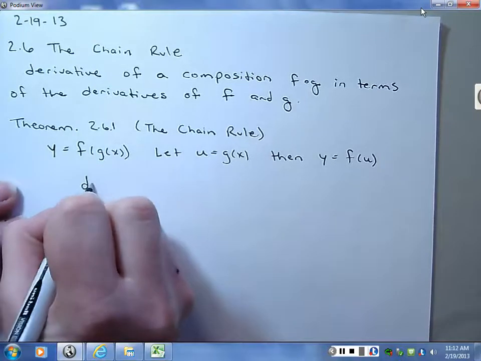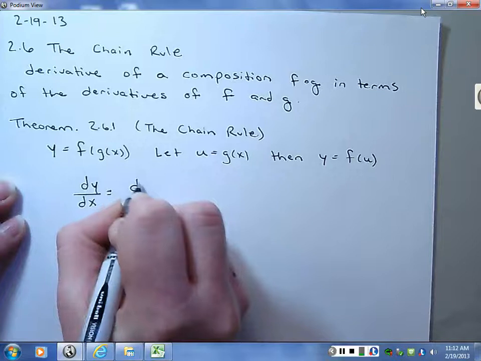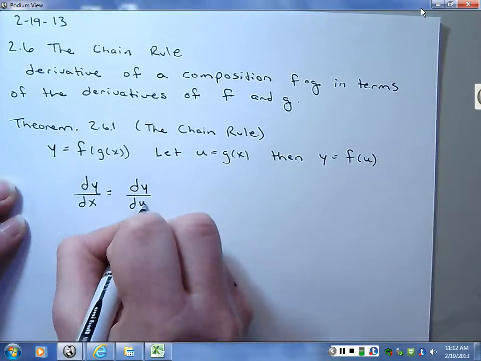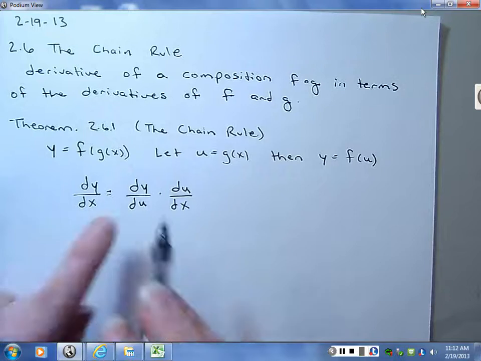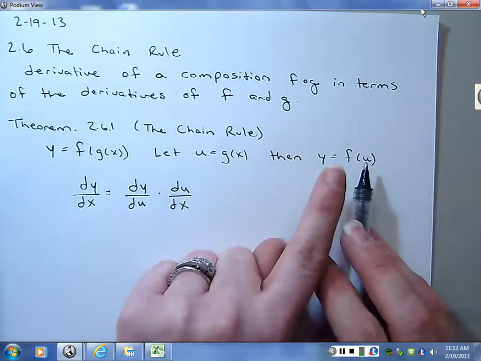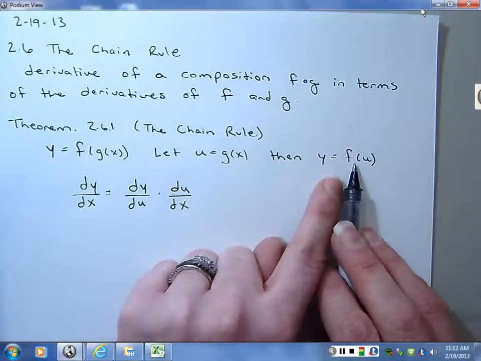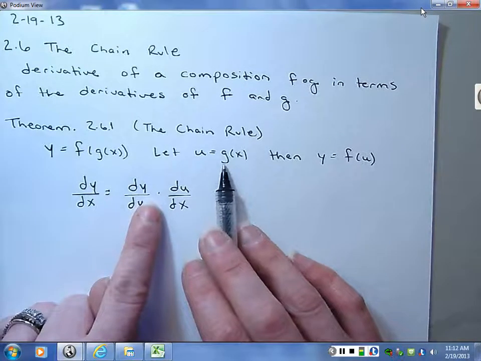So dy over dx equals dy du times du dx. So y becomes a function of u. If I differentiate that function of u, I'm going to then multiply the derivative of that with respect to x.